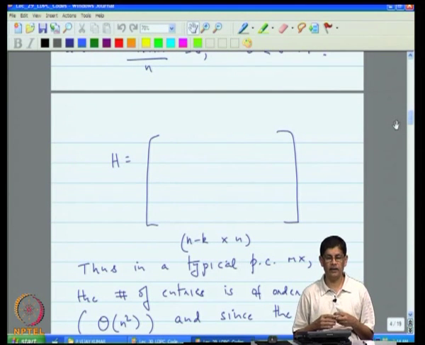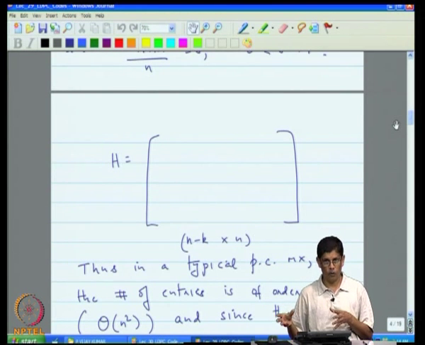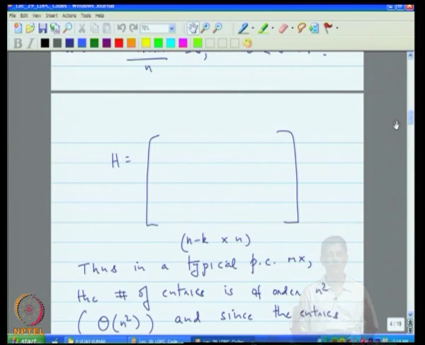So we will just say that the null space of this matrix defines the code, but we relax the requirement that the rows be linearly independent.